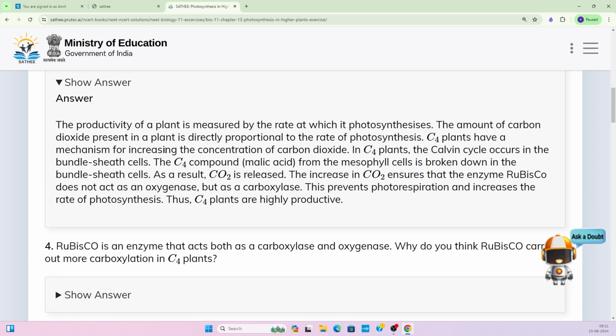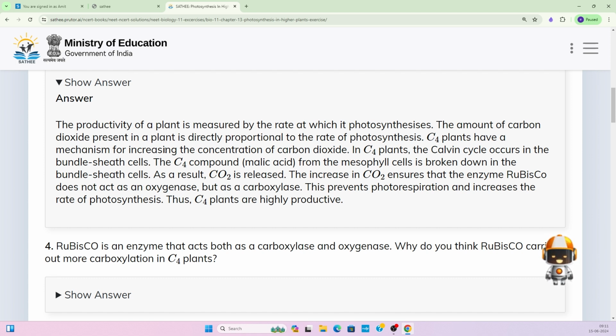The C4 compound formed in the mesophyll cell is called malic acid. And for this reason it is called the C4 cycle, because the first stable compound formed in this type of plant is the four-carbon compound, malic acid.